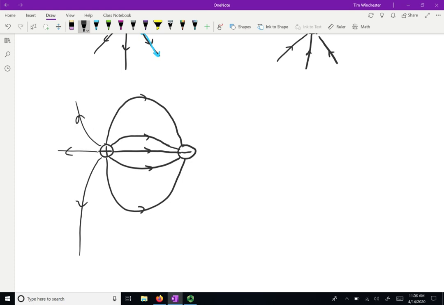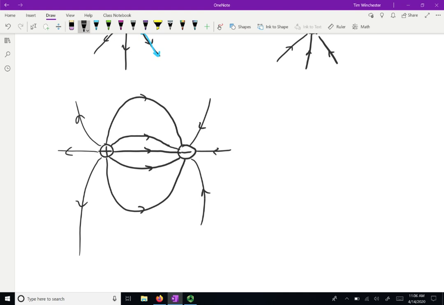Maybe one going like that. Okay, and then over here, I'll have them coming in like that. All right, so that was it. That was how long it takes to draw the electric field diagram for these 2 charges. Again, I think you'll see much faster than what we had before.